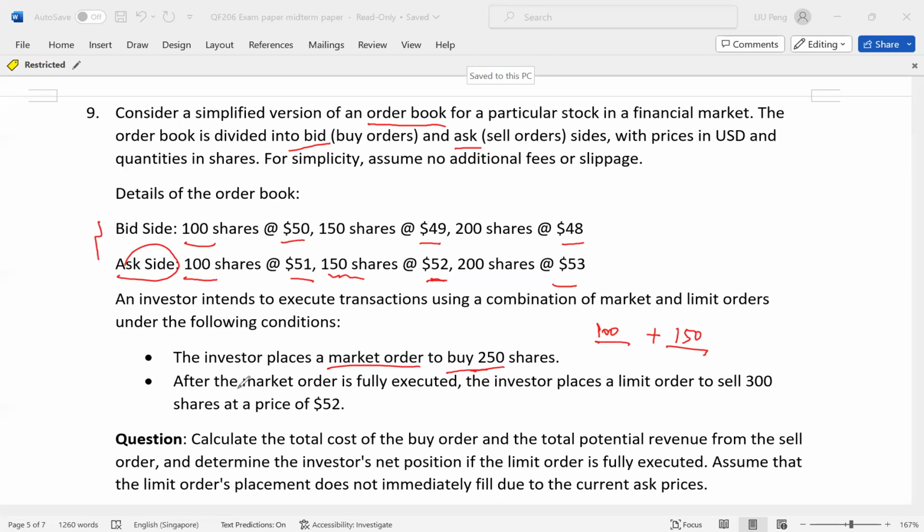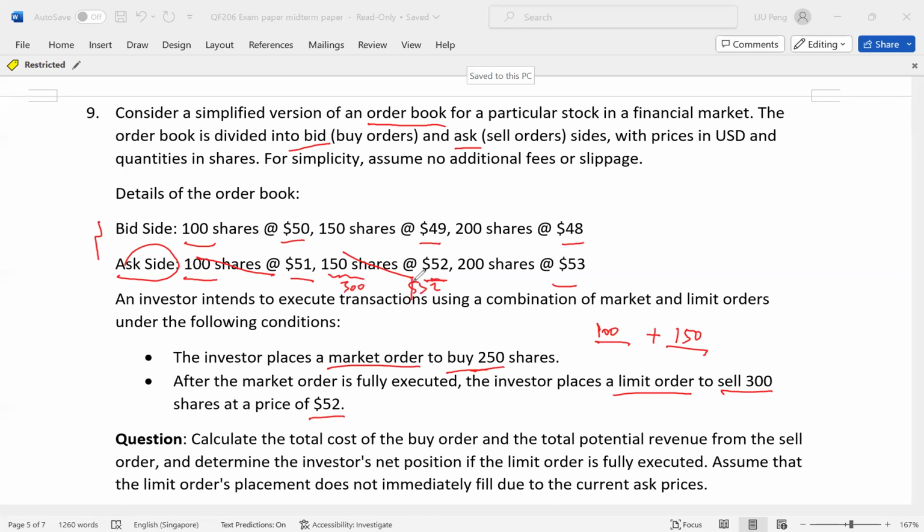The second point: after the market order is fully executed, the investor places a limit order to sell 300 shares at price 52. Because these two tiers get fulfilled, they are gone from the limit order book, and now we place a new 300 shares at 52.